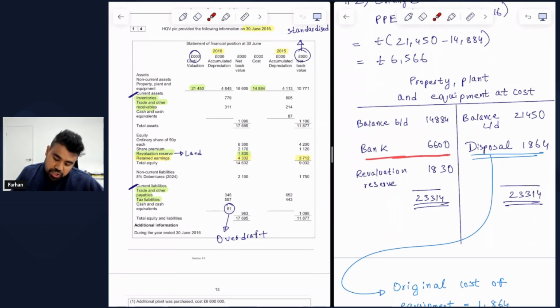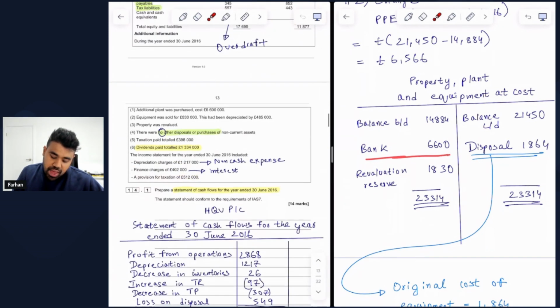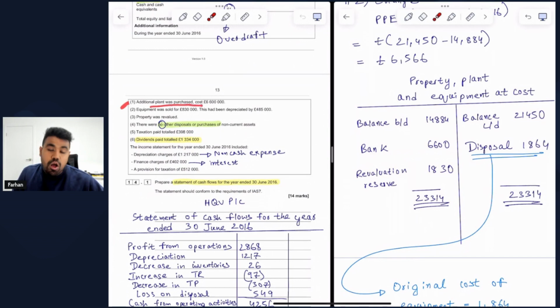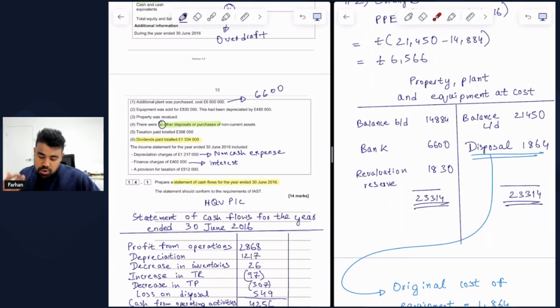If you check additional information number 1, it says that additional plant was purchased with the cost of 6.6 million. So I have to standardize this number by removing 3 zeros, based on how everything has been done so far: 6,600.